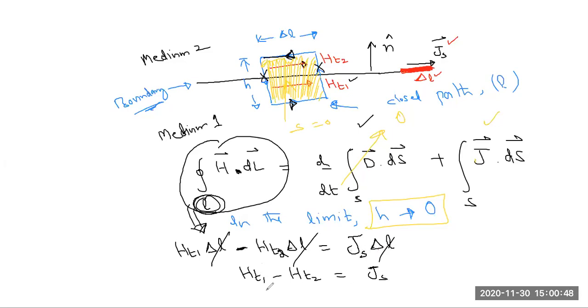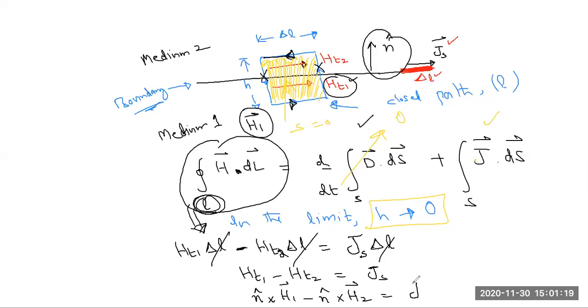And again, writing it in a vector form, HT1 is nothing but the tangent component of H1. So how can I calculate the tangent component of this vector? By taking its cross product with this unit vector. So you will say n cross H1 minus n cross H2 equal to Js.